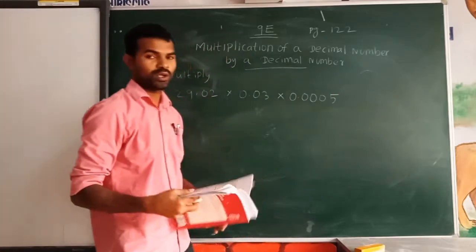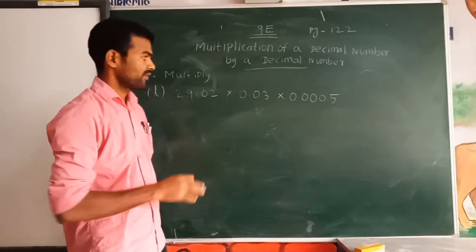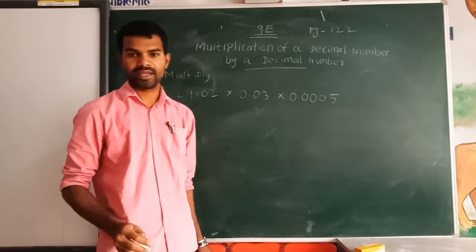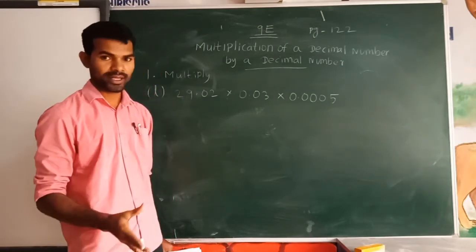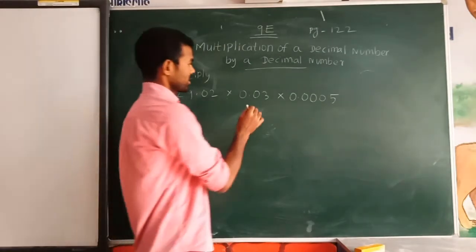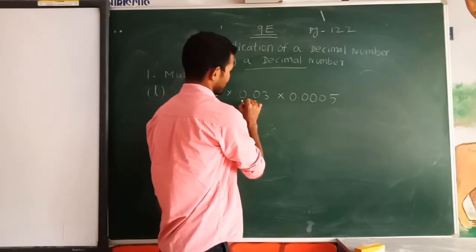We know the rule: when 3 or 4 numbers are given, we can multiply any 2 numbers. Let me multiply these 2 numbers first.